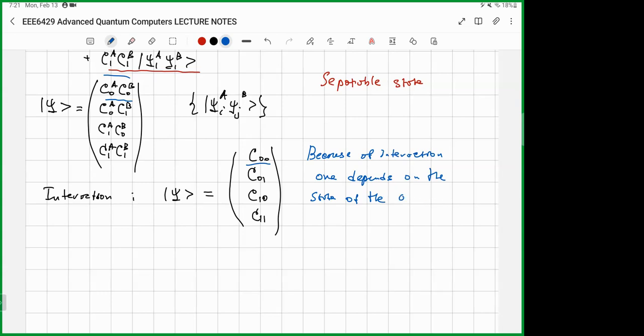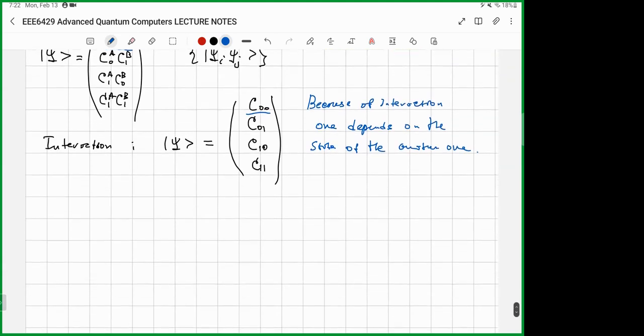That's why you cannot separate, right? You cannot separate this C00 into the product of two, C0 and C0, because they interact, and the state of the first part of the system affects the state of the other part of the system.